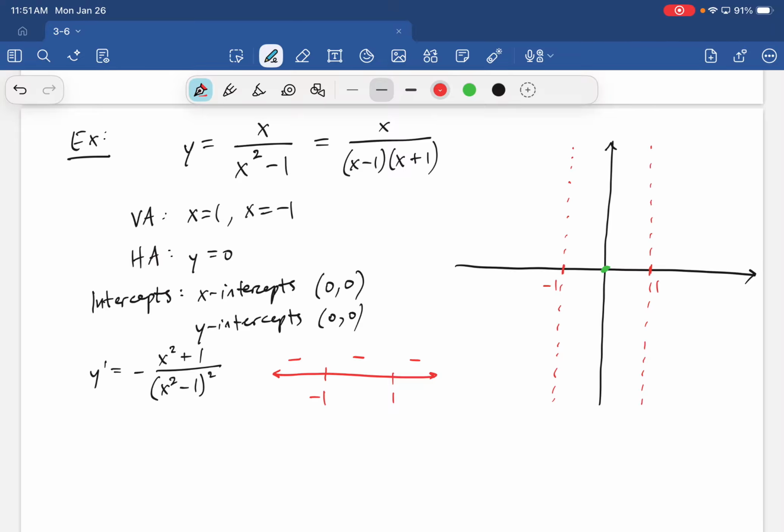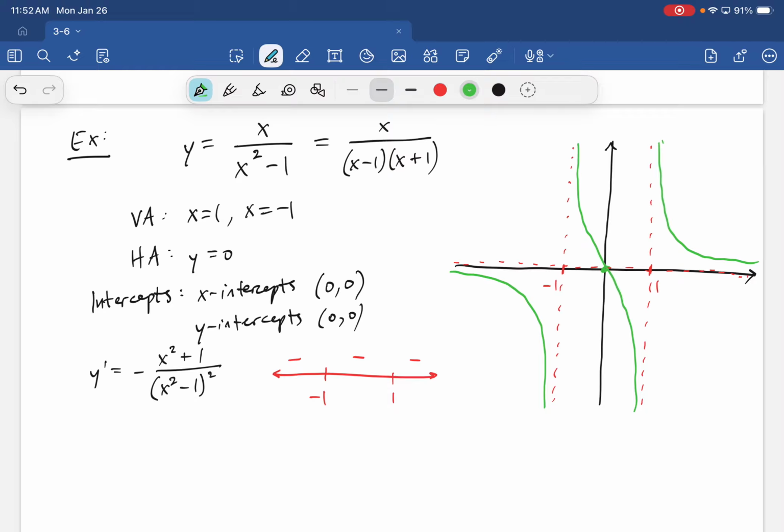And actually, based on this information alone, you are able to sketch the graph. Okay? Let me show you how. We know that all three intervals are decreasing, and we also know the horizontal asymptote. That is actually going to tell us that the graph will look like this. Okay, do you guys kind of see the logic?